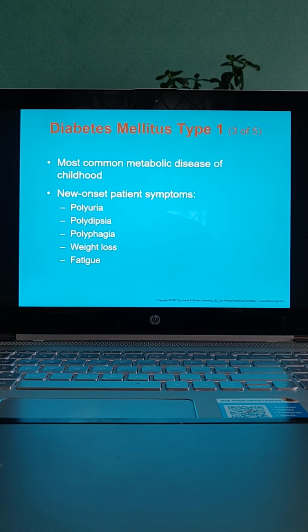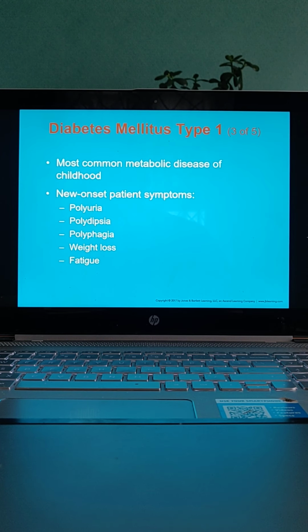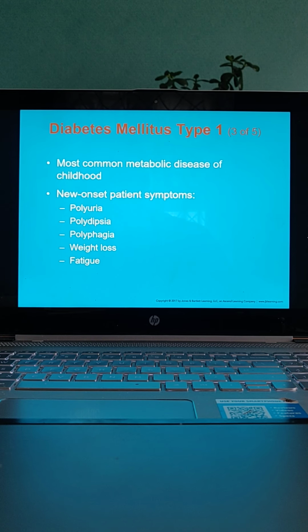A byproduct of burning fat is what we call acid waste, and we call the acid waste ketones. So the body tries to burn the fat it has stored for energy, because it can't absorb the glucose that's in the bloodstream. It's going to create a byproduct of that fat burning, which is acid waste.